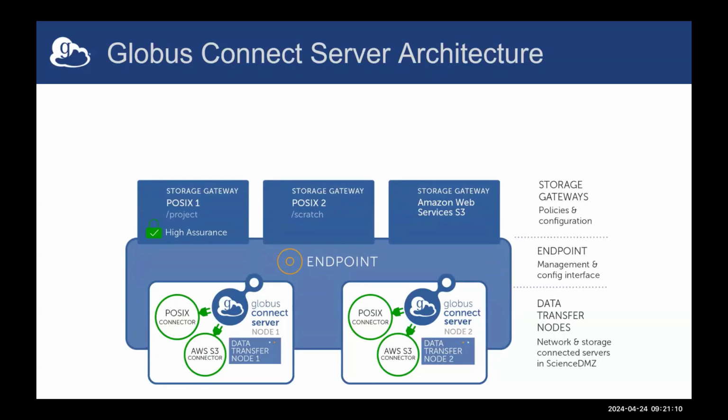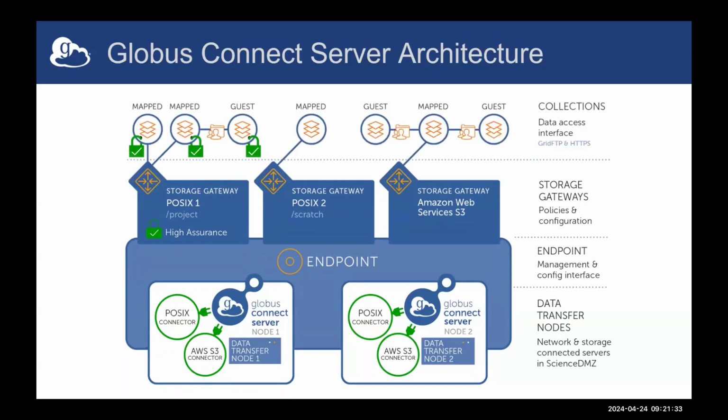That's where you define policies and configurations for access: who can access your storage, what can they do there, can they share, can they not share, what areas of the file systems are exposed, and all that. So storage gateways define policies, and on top of the storage gateways, you have collections.